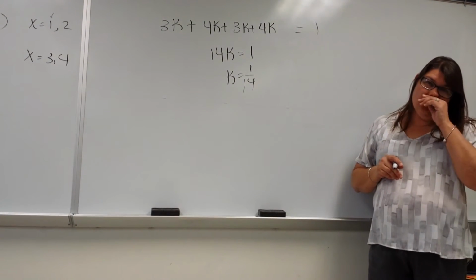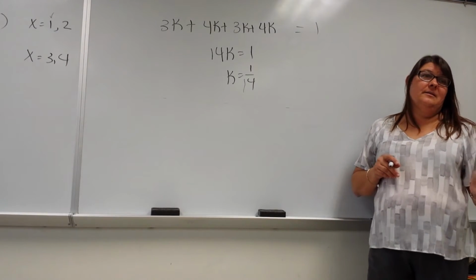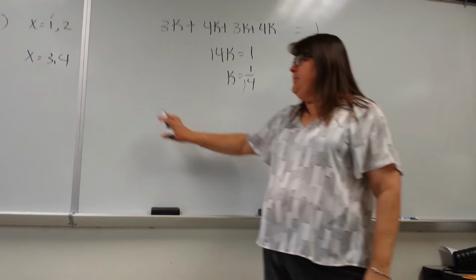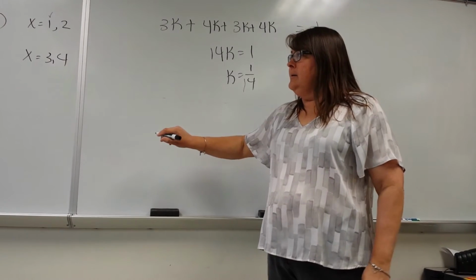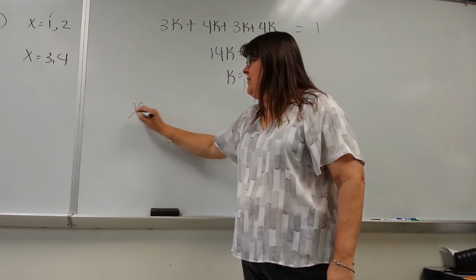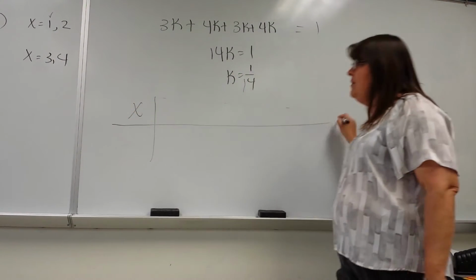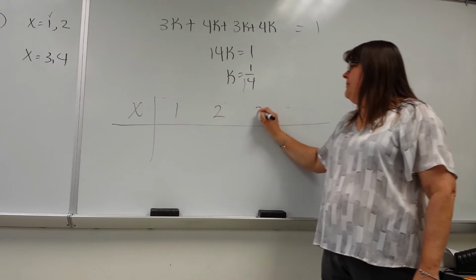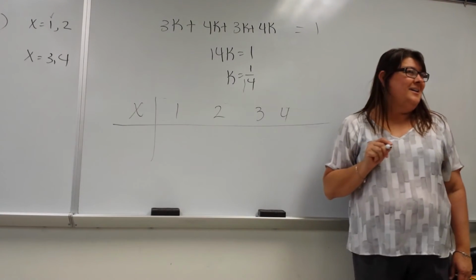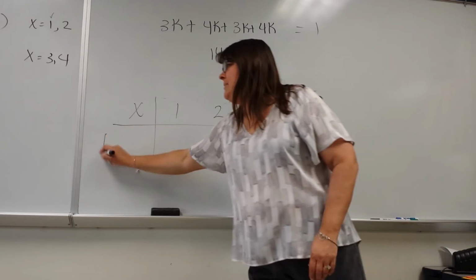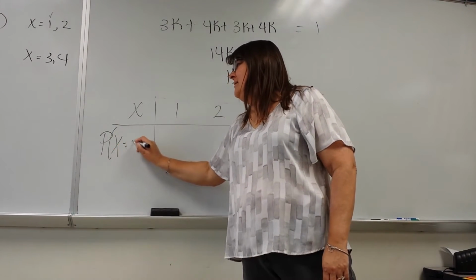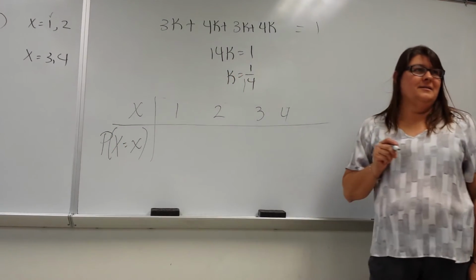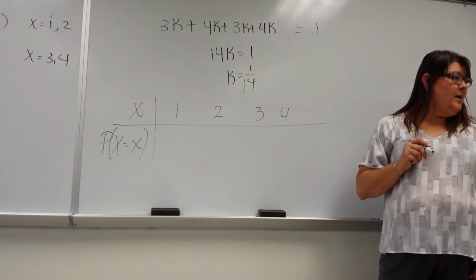So how do we set up the table for this? What should be on top? Big X, right? And then 1, 2, 3, and 4. On the bottom, the probability of X. Is everybody confident with this so far?